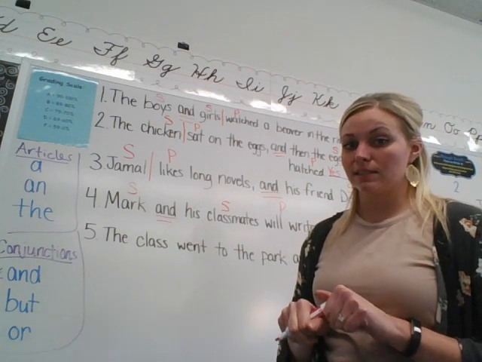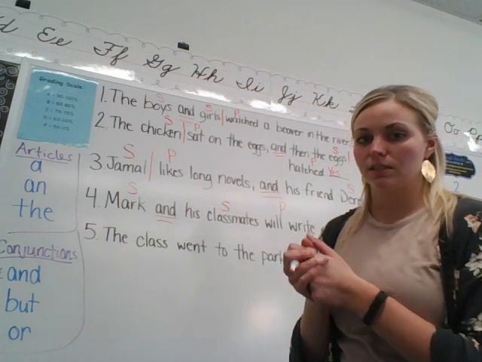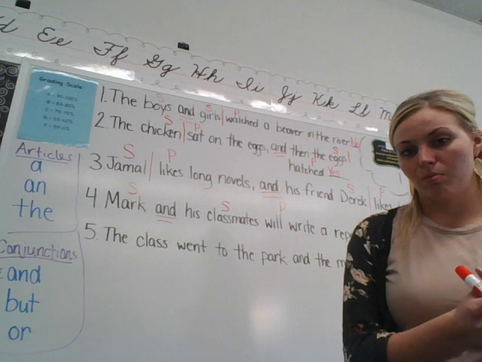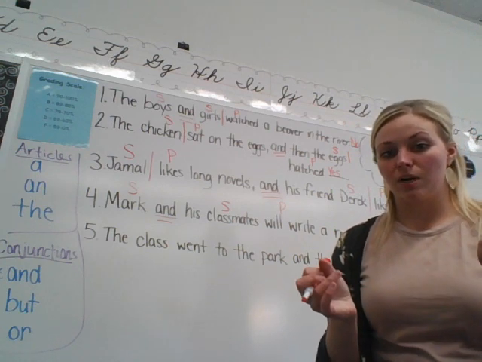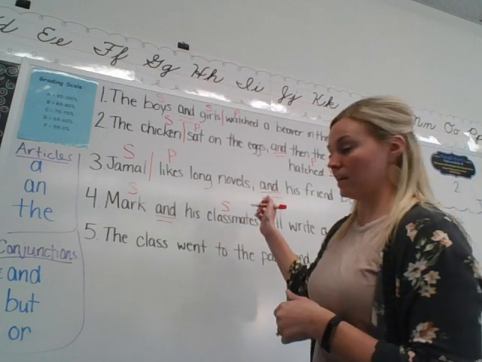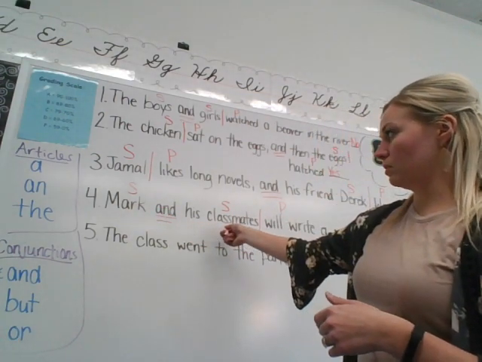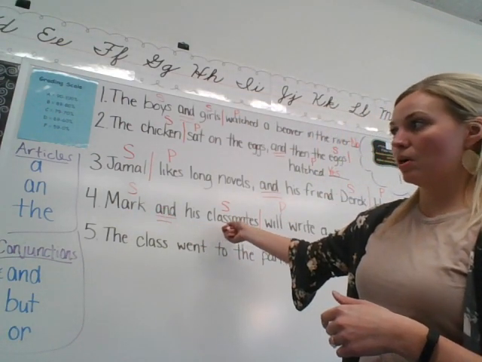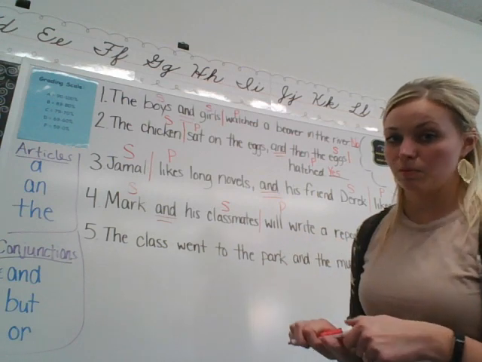So Mark and his classmates, now it's kind of like one big subject there at the beginning of our sentence, will write a report on mammals. So we're going to separate it right after classmates, because Mark and his classmates are the subject, they're what the sentence is about. What are they doing? They will write a report on mammals.